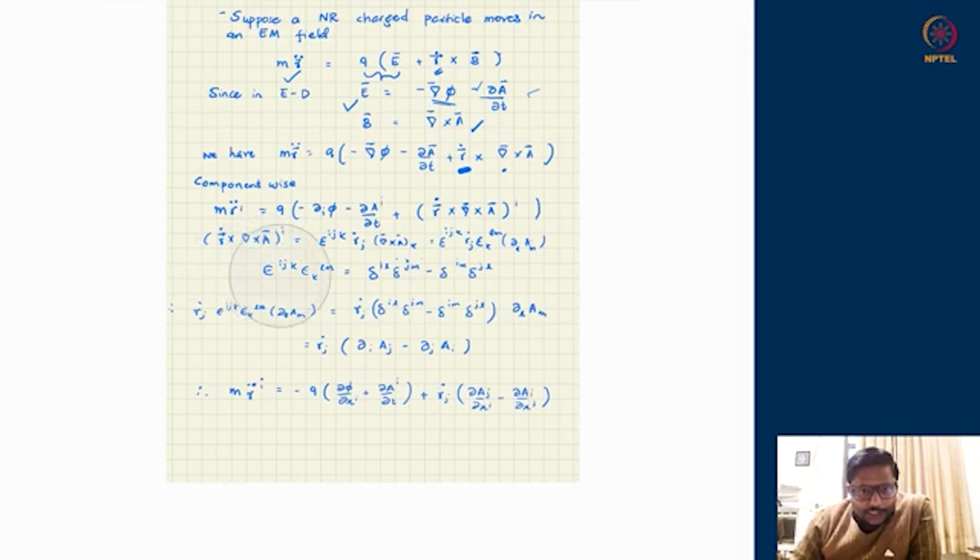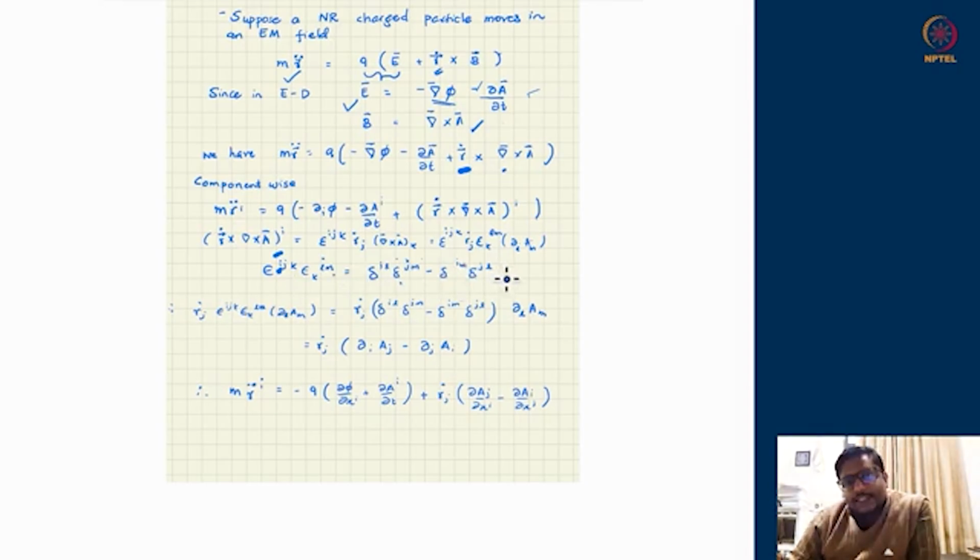Epsilon ijk, epsilon KLM is equivalent to delta I, the first index here, should be the first index which is not summed over there, L, and the second index should be J and M, delta JM. So I should be L and J should be M, minus I should be M and J should be L, the reverse version. The first index which is not summed over becomes the last index which is not summed over in the second term, and vice versa.